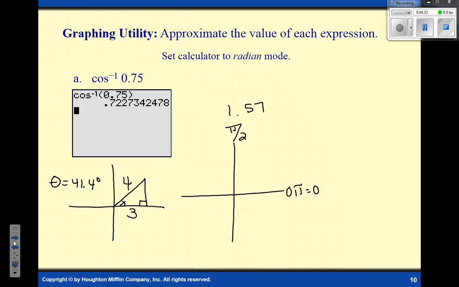This right here is 3.14. And what is this? Negative 1.57, based on the way that we've been doing the restrictions. This value is 0.7227. So where is it located? First quadrant. Somewhere in the first quadrant. So I know my angle is going to be between 0 and 90 degrees. How in the world can it be 0.7227?